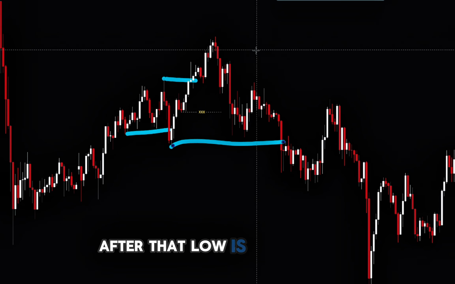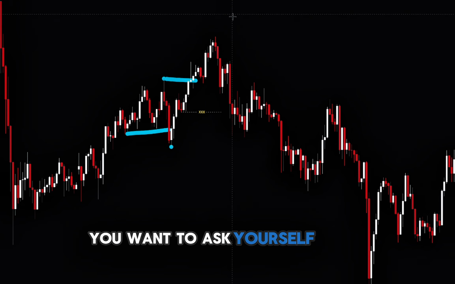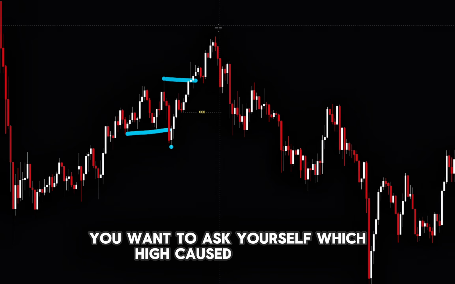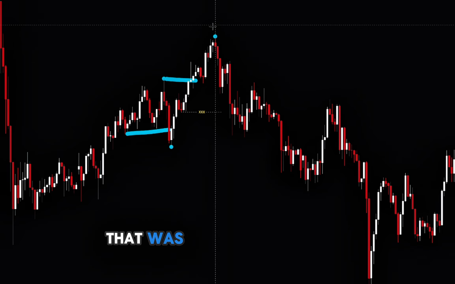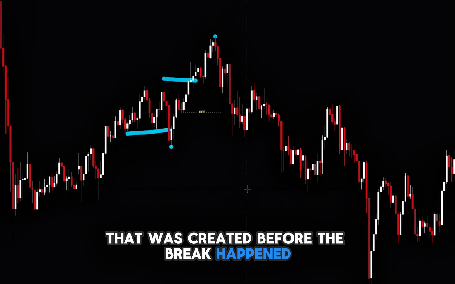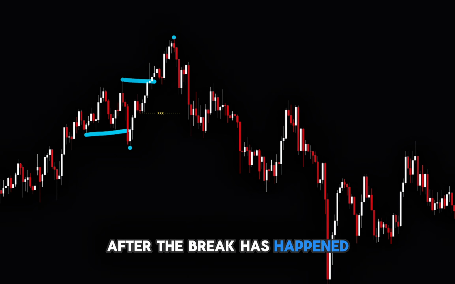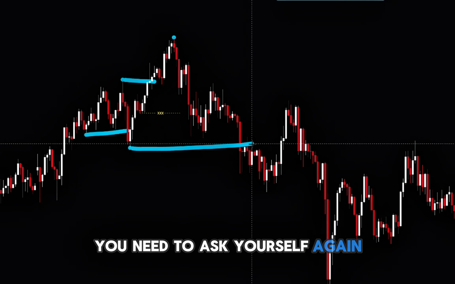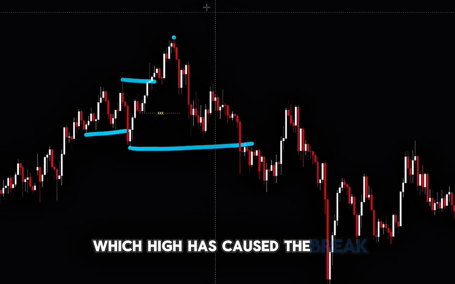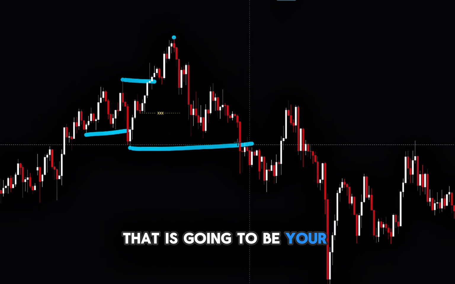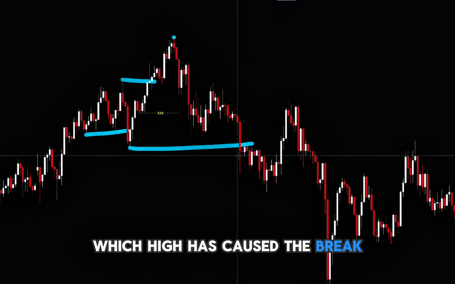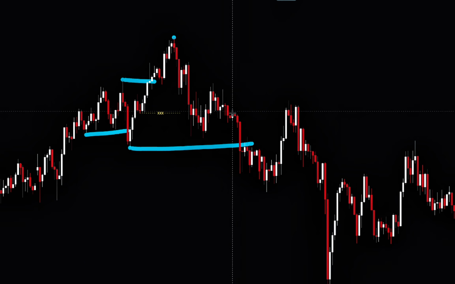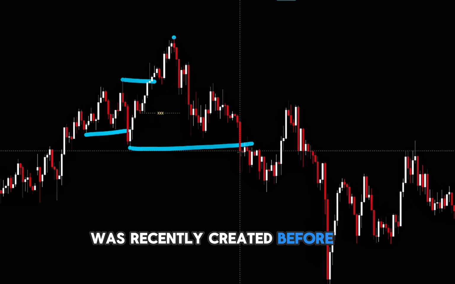So the major low you identified was being broken. After that low is being broken, you want to ask yourself which high caused that break. And this is the highest high that was created before the break happened. After the break has happened, you need to ask yourself again which high has caused the break. That is going to be your liquidity. You can ask yourself which high has caused the break, or which high was recently created before the break happened.